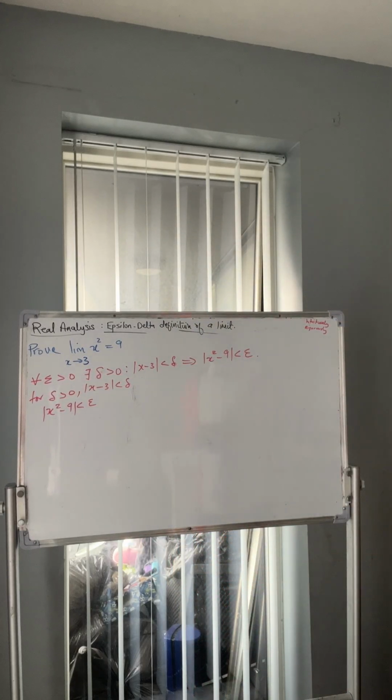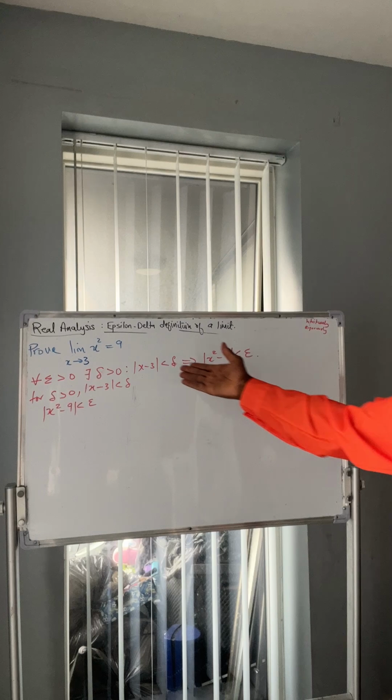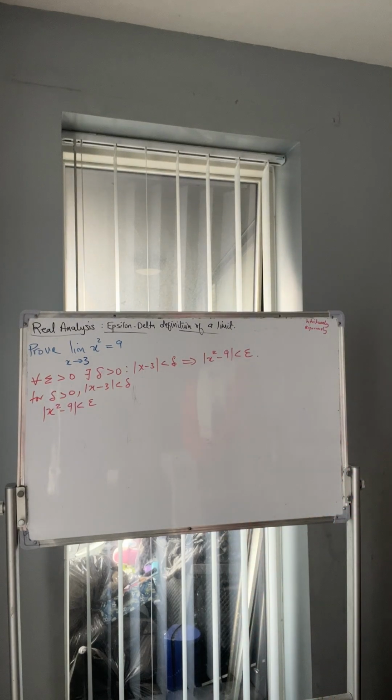Right? That is what we got. The absolute value of x squared minus 9 is less than epsilon.